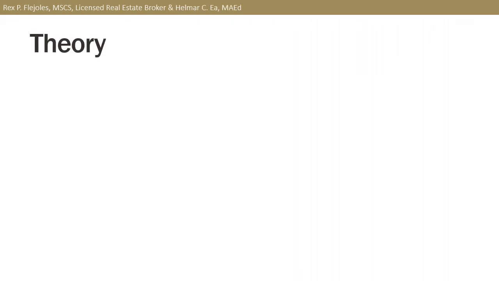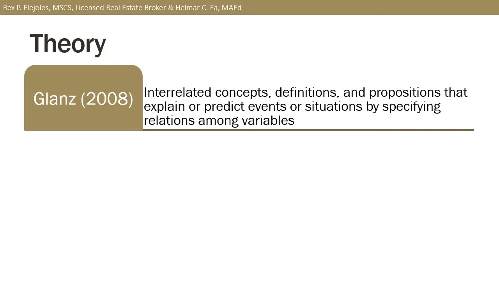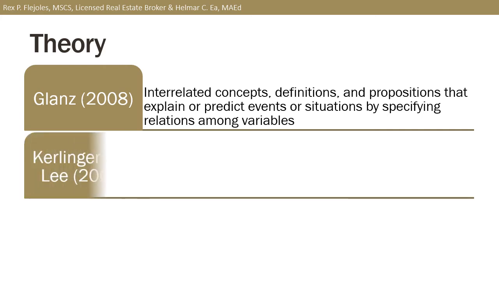The following definitions of theory from different authors were extracted from the study of Kivunja 2018. Glanz defined theory as interrelated concepts, definitions, and propositions that explain or predict events or situations by specifying relations among variables.